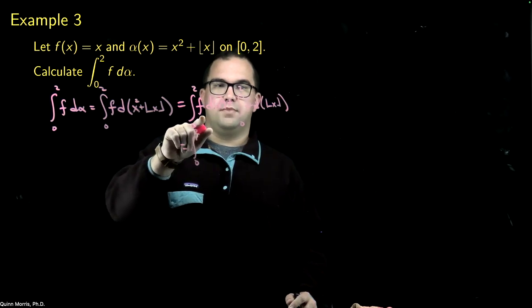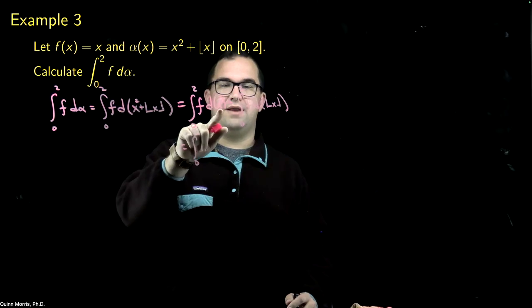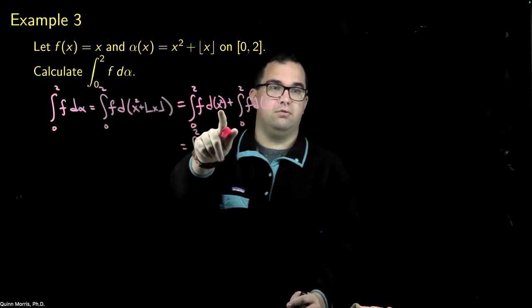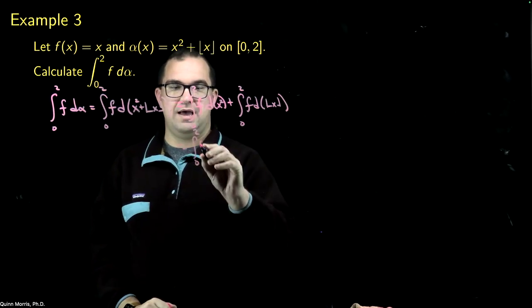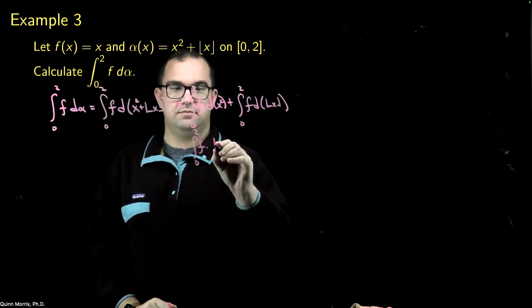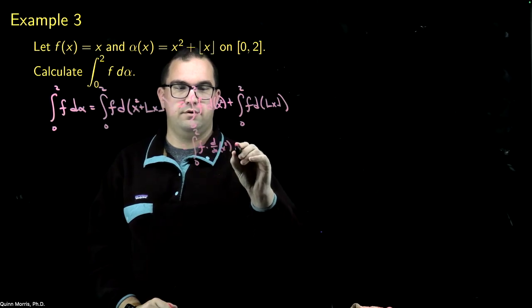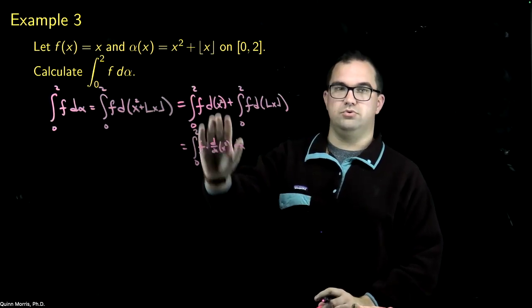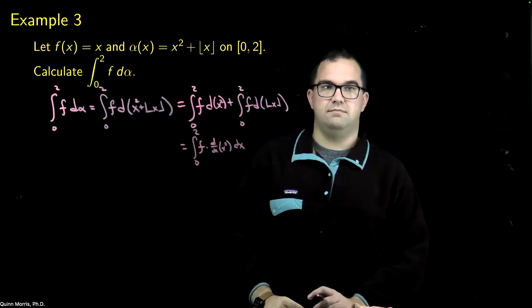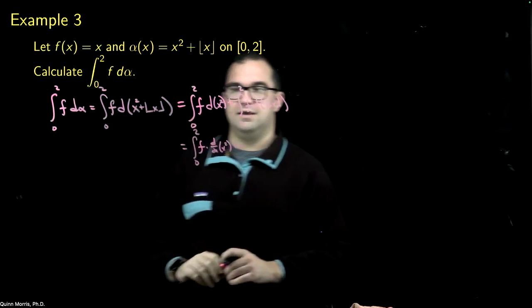So here, notice that this f with respect to x squared is differentiable on this interval. Okay, so I can actually apply this is f times the derivative with respect to x of x squared dx. Okay, so here, since this is differentiable, I can use my theorem about having a differentiable integrator to evaluate this.